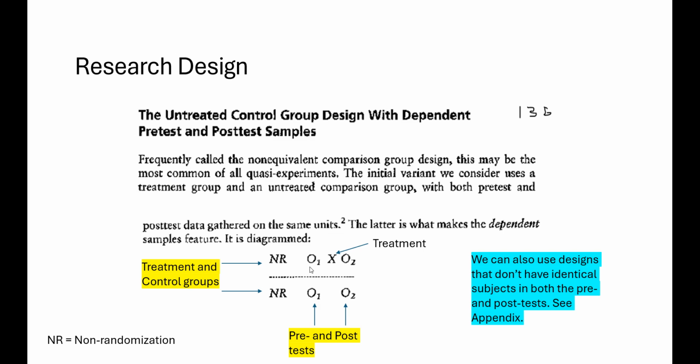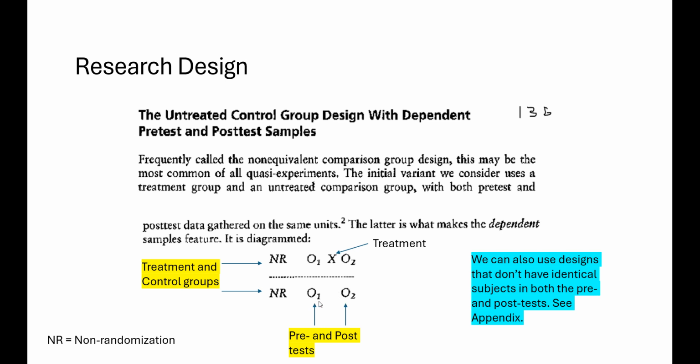So if we scroll down to the bottom, we see that there's a table that has NR in that first column. Then it has O1 for observation 1. And then on the last column, there's O2, which is observation 2. We have our treatment group up top, and we know that because we have a treatment denoted with that X between the first and second observation.